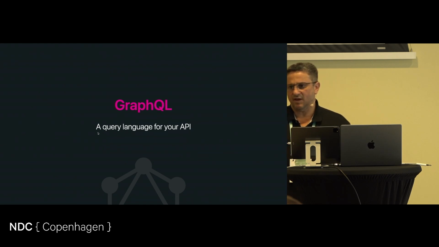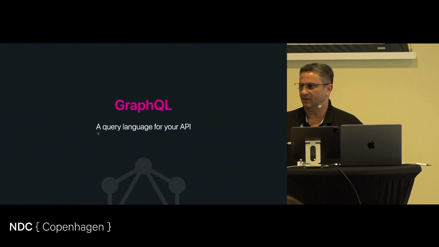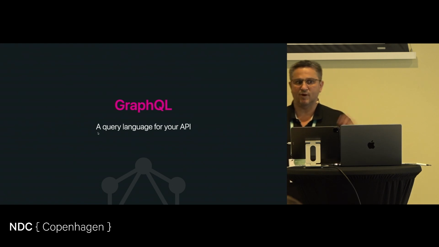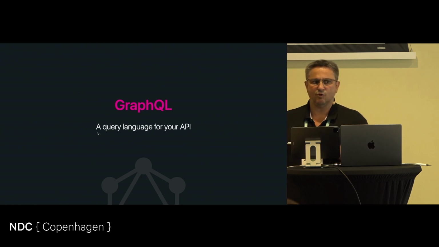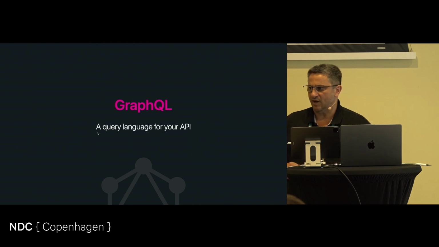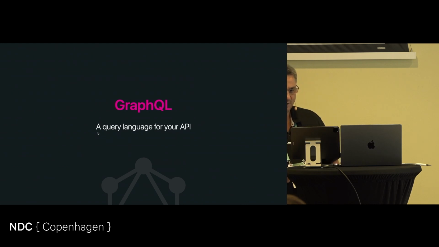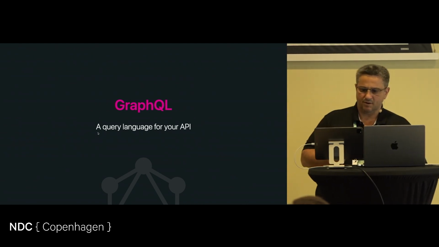You can create your implementation in any language, and you can use any kind of database. It's not necessary to have a graph database because it's GraphQL. No, it doesn't matter. You can use whatever you want and support any kind of clients, which can also be written in many different languages, as long as you follow the rules in the specification.